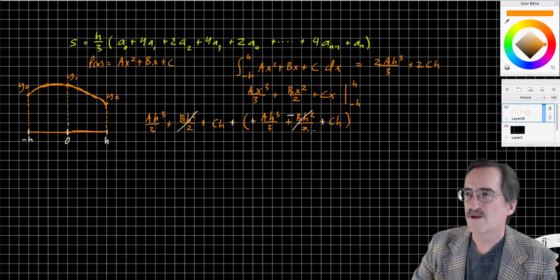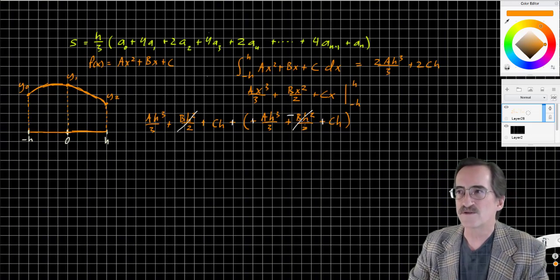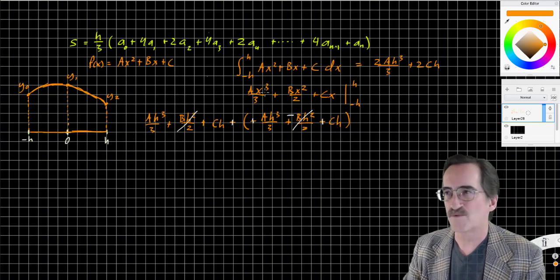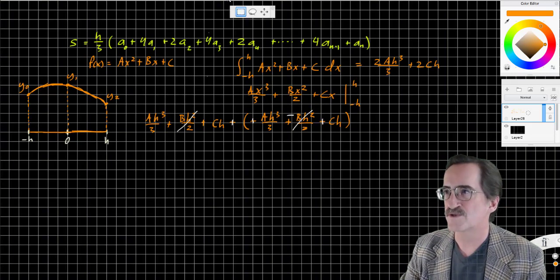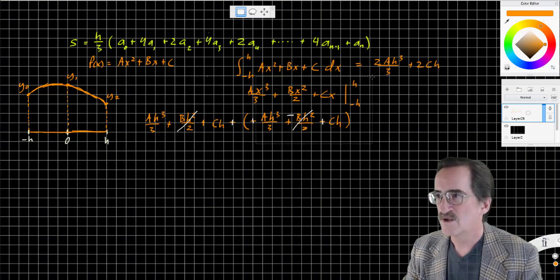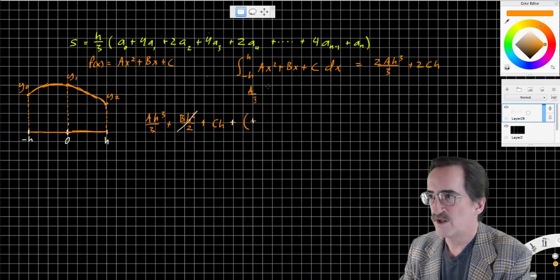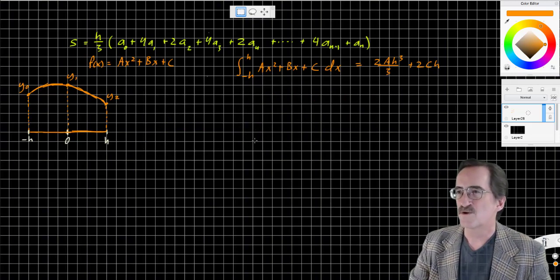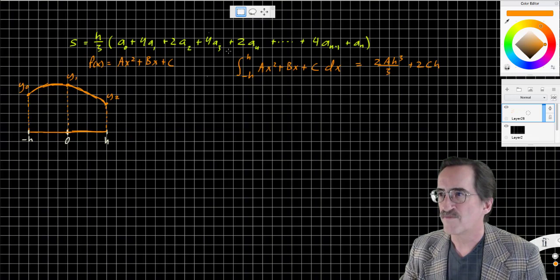I'm going to get rid of all of these steps, but I wanted you to see them because I don't want to be lost in the woods, lost in all the details. But feel free to pause this and write down the steps here. So there's my integral.